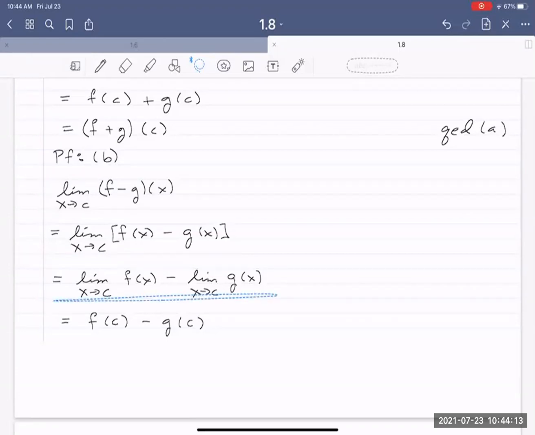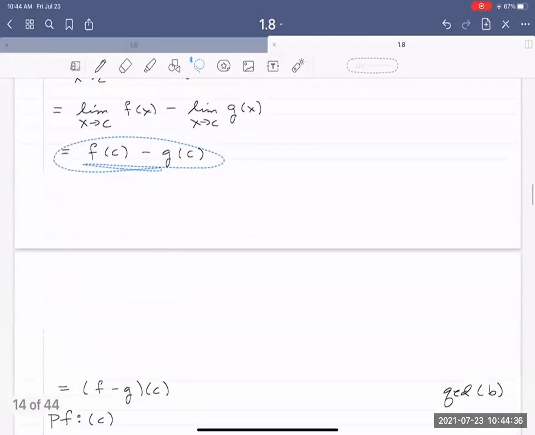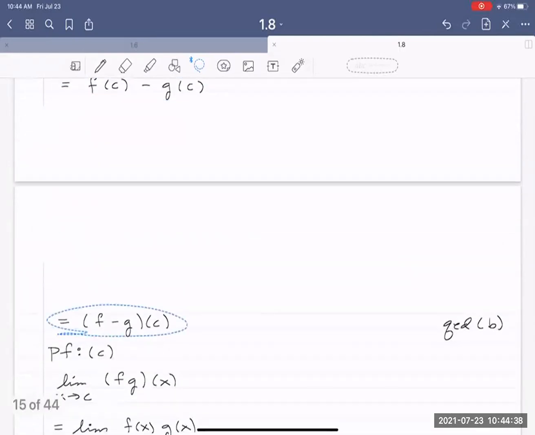By the theorem in section 1.7, this is equal to the limit as x approaches c of f of x, which is f of c, minus the limit as x approaches c of g of x, which is g of c. And this, using the pointwise definition of the difference of two functions, is equal to f minus g at c. And that's what we wanted to show.